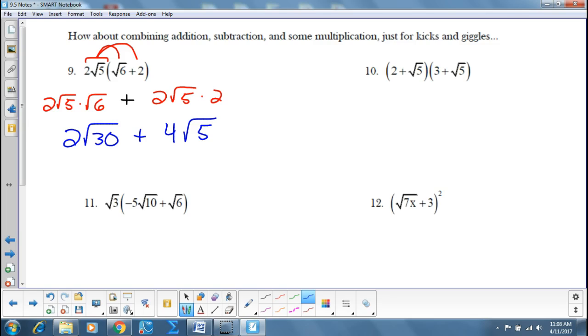Not if you multiply the square root of 5 times the square root of 5 and get 5. But then what's the only number that I can multiply by? I can only multiply by 1, otherwise I change the problem. So I can't do that. Neither of those can be simplified.